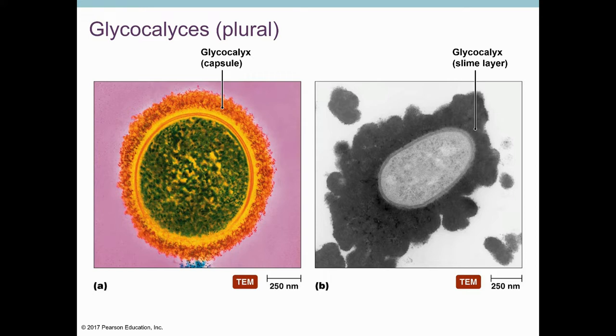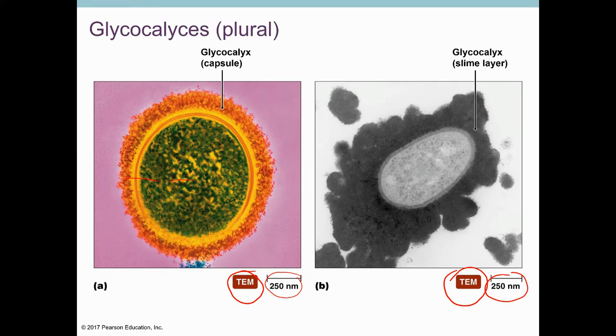So these would be electron micrographs, images taken from electron microscopes. And the T stands for transmission, so it's going to give you a very two-dimensional image. And then these are your scales. This is less than a 1 micrometer scale. So 250 nanometers is 1/4 of a micrometer.